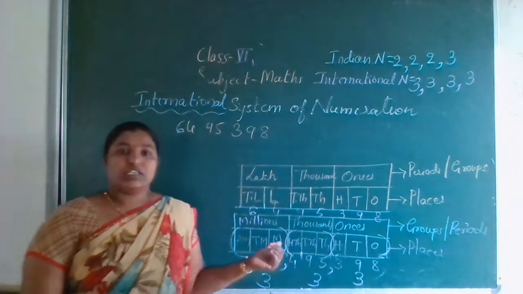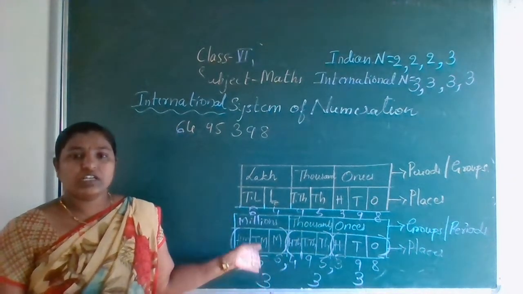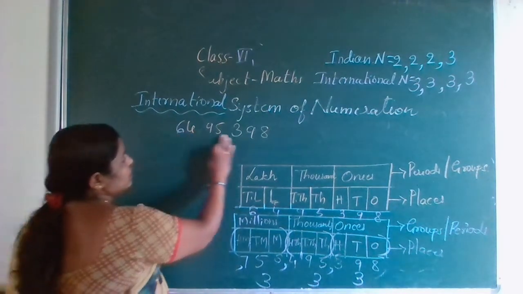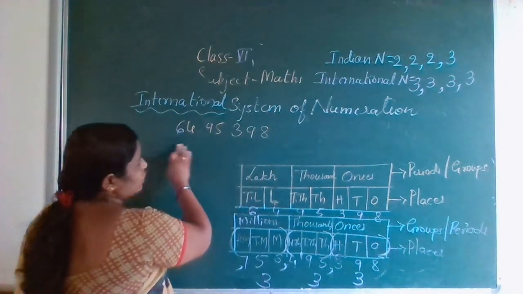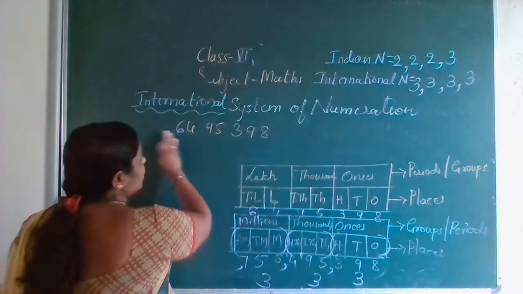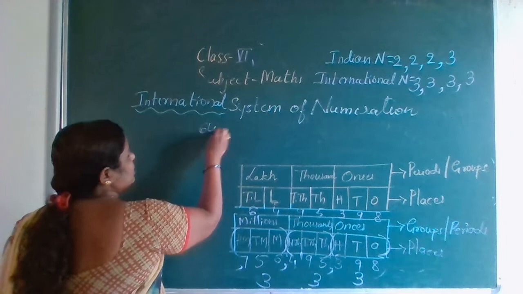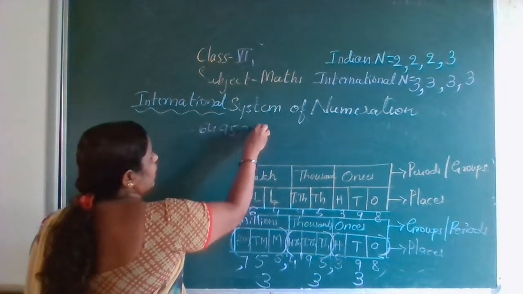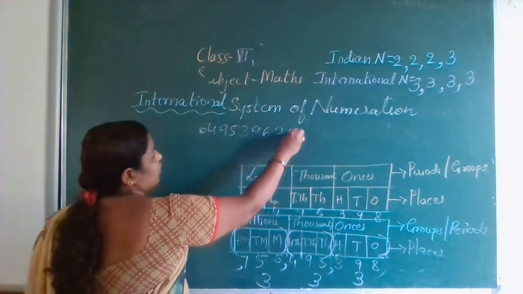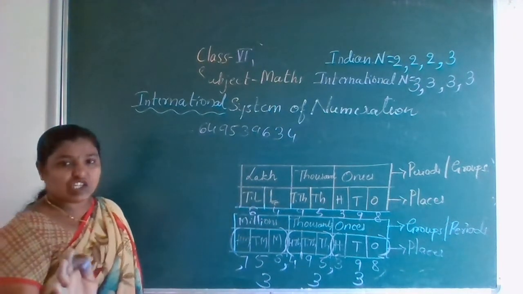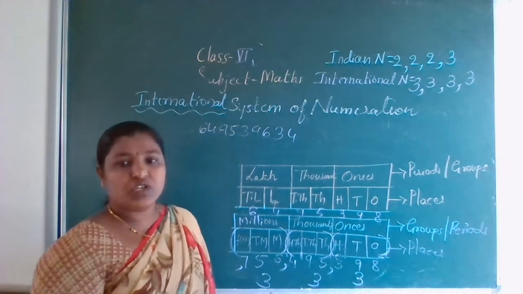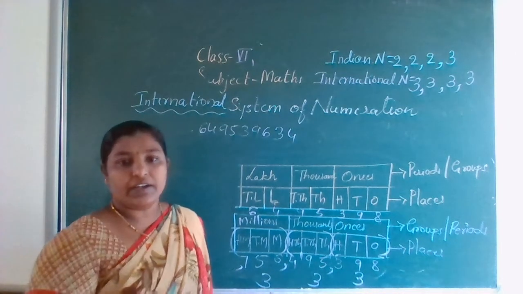After 5 digits, so 6 digits, 7 digits, there will be some changes. Suppose this is the number, we should give the commas according to the international system. I'll write here 64,95,39... This is a large number. Give the commas according to the international system of numeration as well as read it.